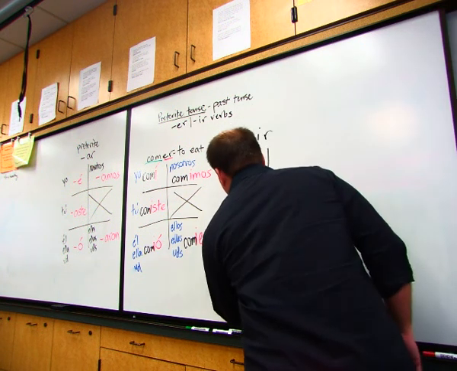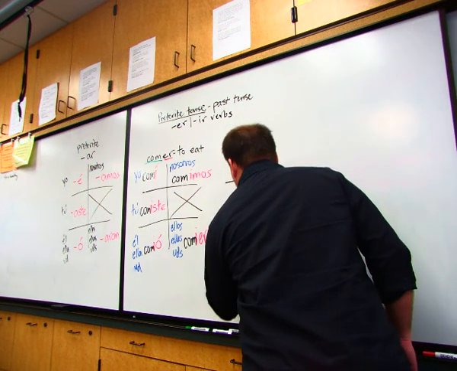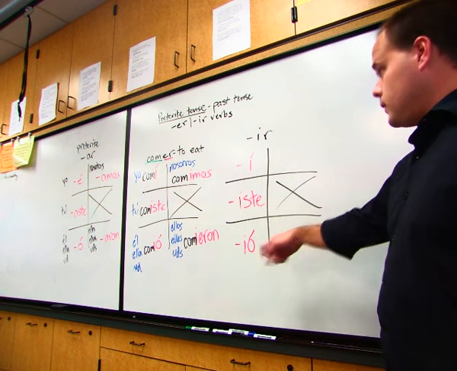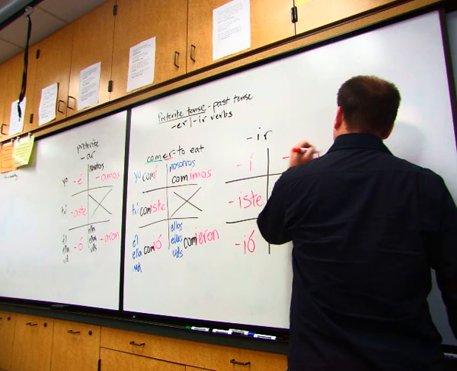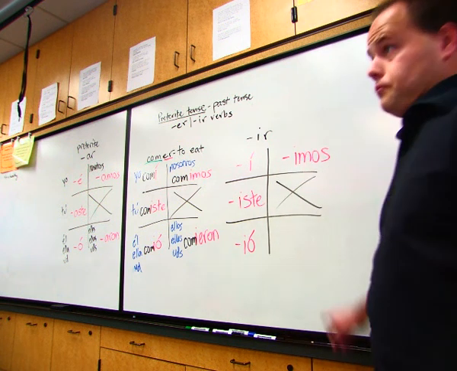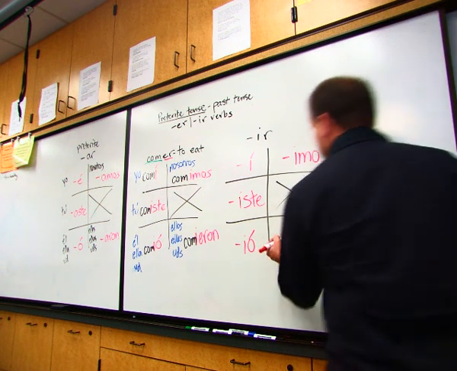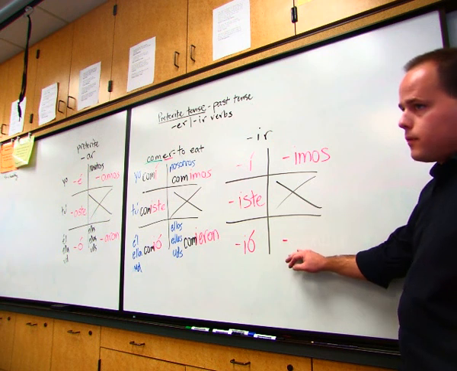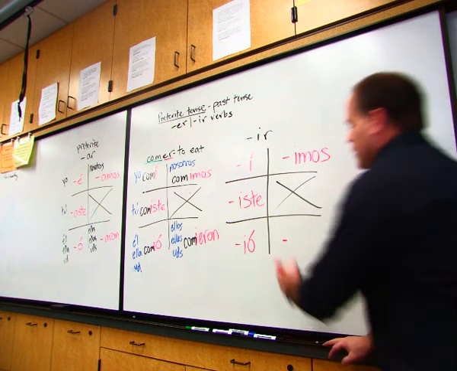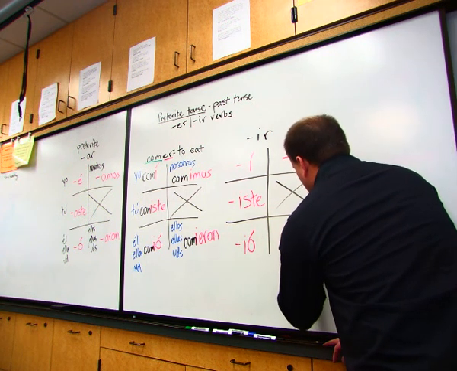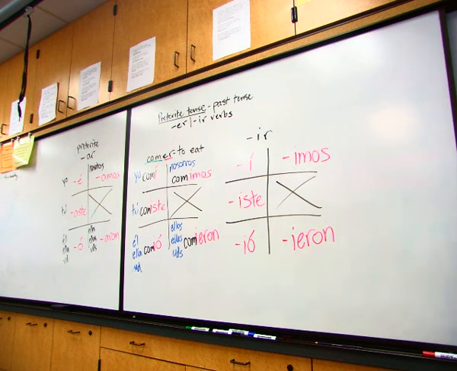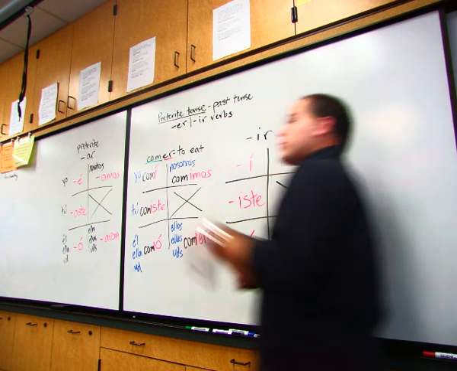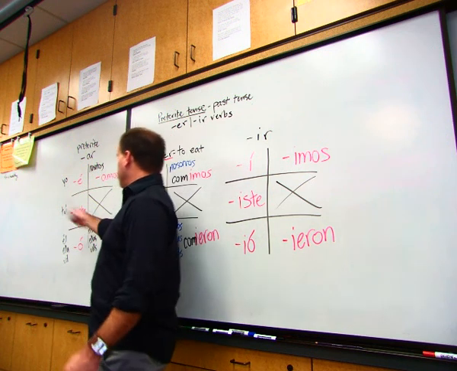Él, ella, usted, you drop the IR and add, what do you think? Io. In the nosotros, we drop the IR and add imos. What do you think? We drop, with the ellos, ustedes form, we drop the IR, what do we add? I-E-R-O-N. What can you tell me? Exactly the same. So you don't have to learn three separate endings, you just have to learn two.